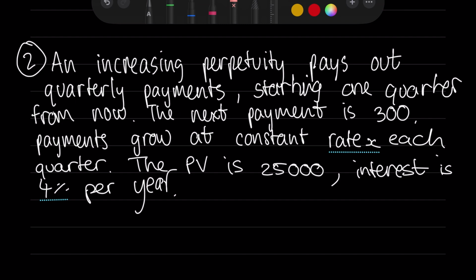The next payment is 300. Payments grow at constant rate X each quarter. The present value is 25,000. Interest rate is 4% per year. That should be per quarter, but if the question gave it per year, we would change it to per quarter. I'm just going to leave it per quarter.